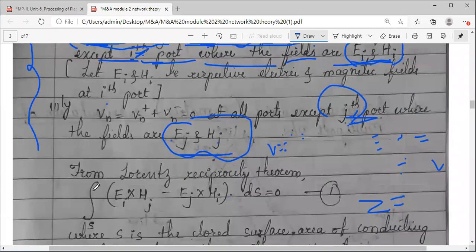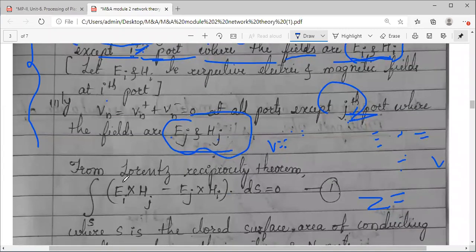Now, we have one theorem which probably you have not learned. It is the Lorentz reciprocity theorem. Again, it is somewhat related to your Poynting theorem itself. This reciprocity theorem says that the surface integral of the difference between the cross products of the fields at these ports is equal to 0.